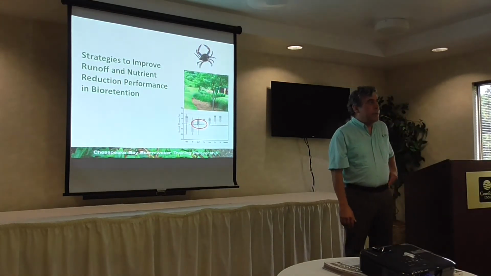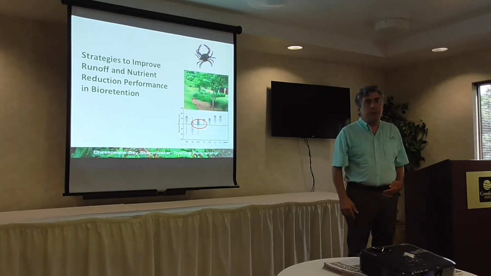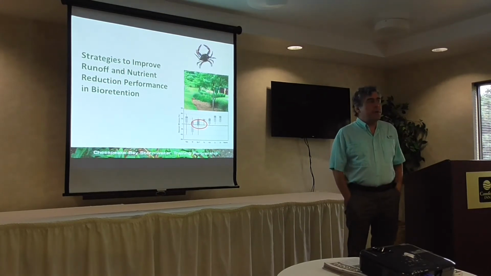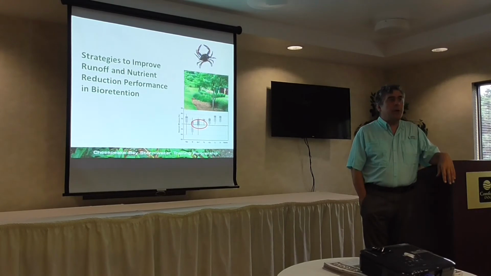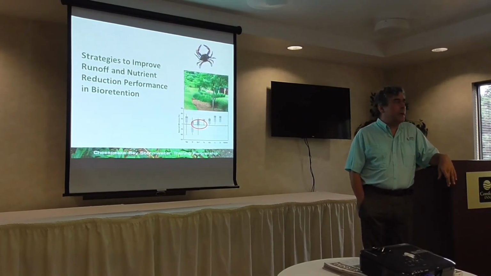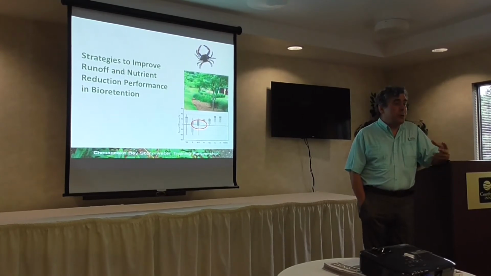One of the big changes in our profession in terms of stormwater is we used to just worry about stormwater, but now we really worry about a lot more issues. One of those is sediment and nutrient reduction, because we all have the Bay TMDL and local TMDLs that we need to get real reductions in nitrogen and phosphorus.